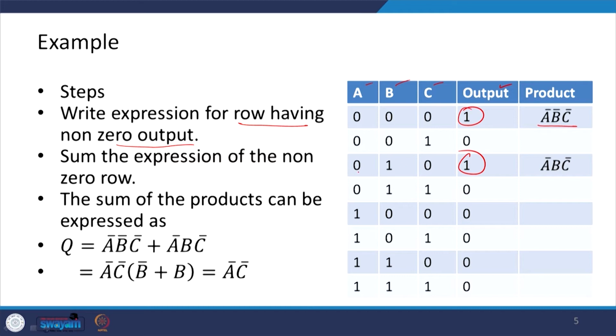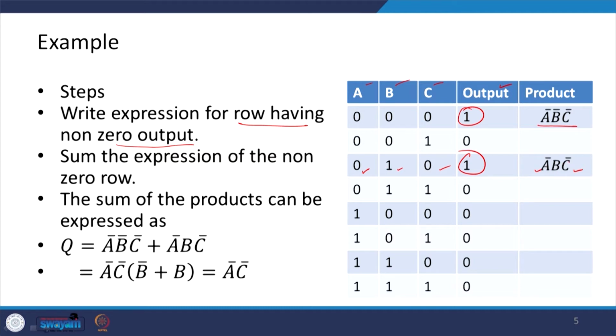Similarly, here you see that we have input 0, 1 and 0. For A and C, which have input 0, we take the invert like this, and B is already 1, so B is written as it is.